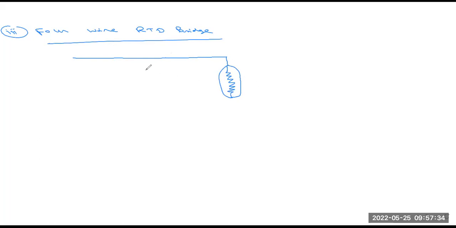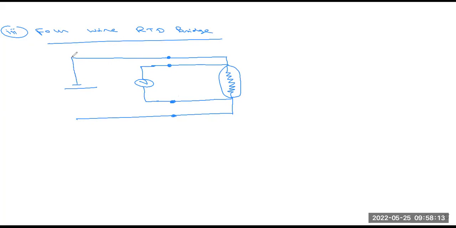This one, another is connected from here, also connected from here, and one voltmeter we have to connect here. This is the connecting point or junction to the lead, positive and then negative.